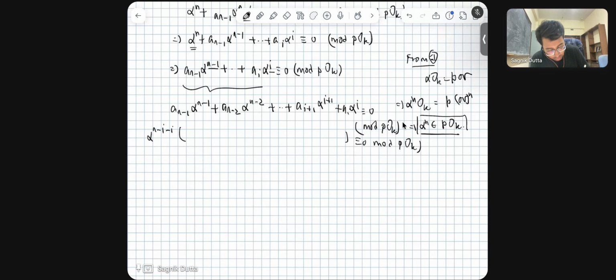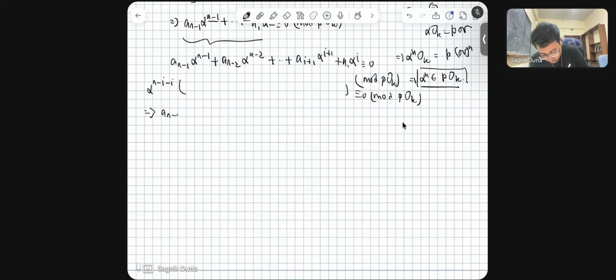This is the exact part that you need. The first term will be a n minus 1 alpha to the n minus 1 minus i, so this will just be 2n minus 2 minus i.